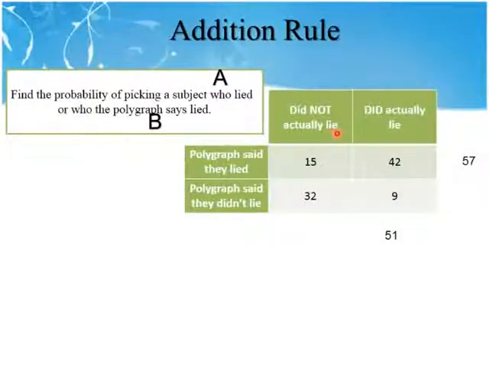Next, let's add up the people in the column who did actually lie. 42 and 9 give us 51. So the 57 are the people who would be in the B event, and the 51 people would be in the A event.